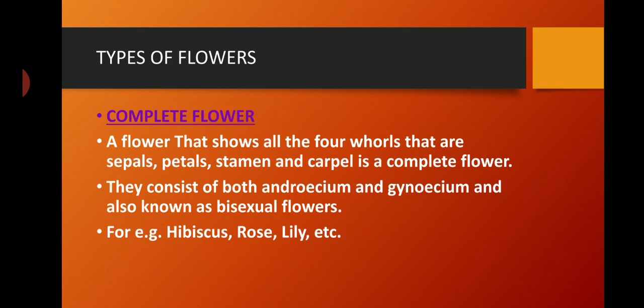They consist of both androecium and gynoecium, and are also known as bisexual flowers. Why bisexual? Bi means two, having two sexes, that is androecium and gynoecium. Examples of complete flowers are hibiscus, rose, lily, etc.